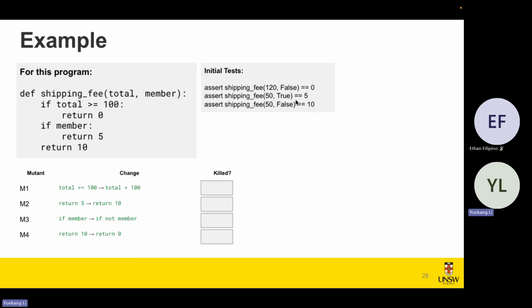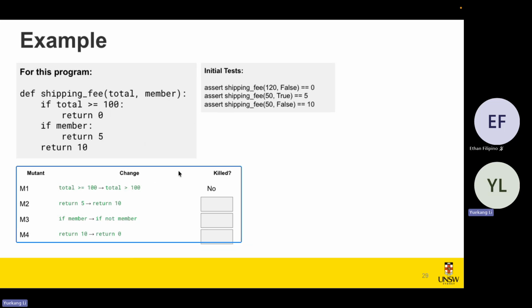For the second test case, the mutant will still return 5. For the third test case, the mutant will still return 10. So the mutant is not killed by any of the test cases here, because all the test cases give us the same return values on both the original program and mutant M1.